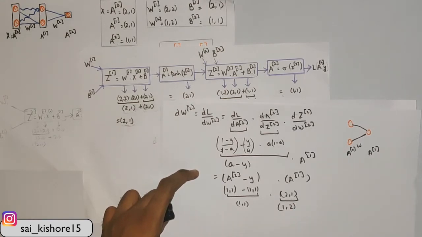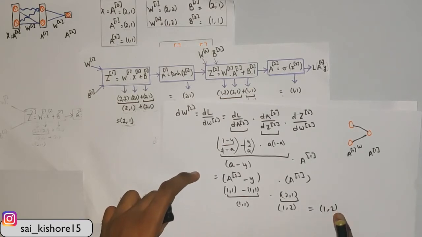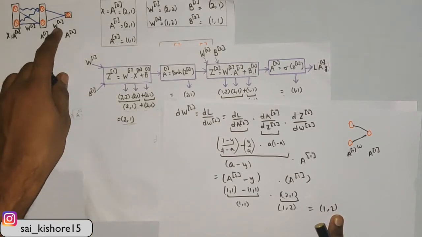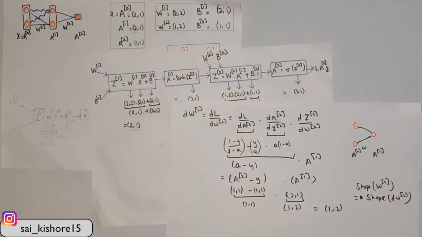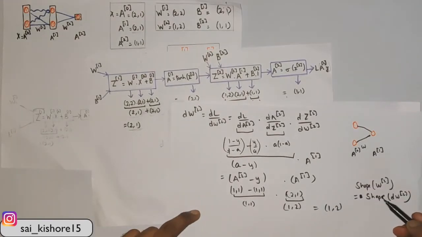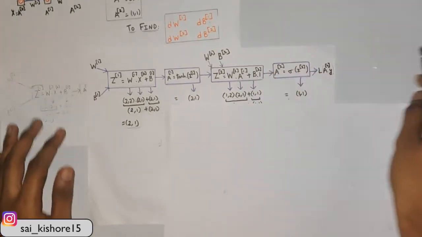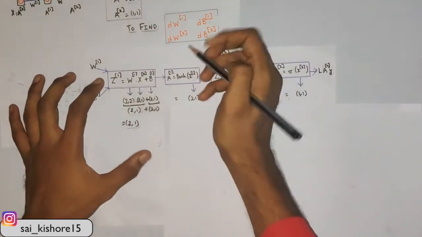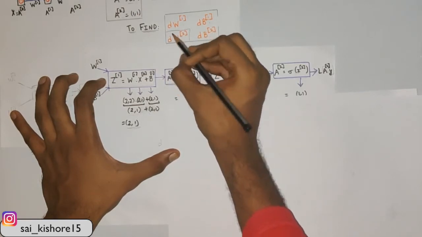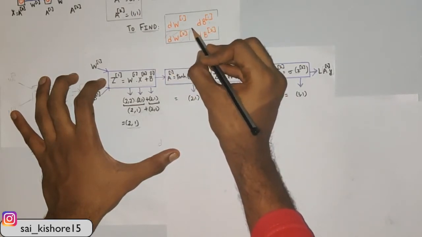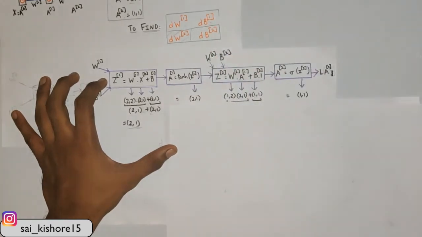Now if you perform matrix multiplication, you will get (1, 2). And this (1, 2) will be of the same shape as dw2. So the shape of w2 will be equal to the shape of dw2. Now we can cross this off here. We have computed the dw2 term here. Cross it off. Now we are at db2.